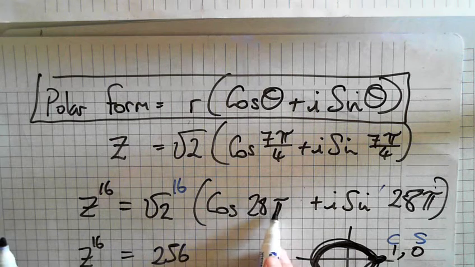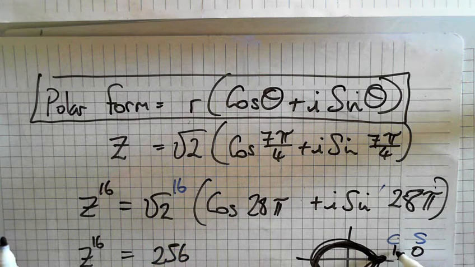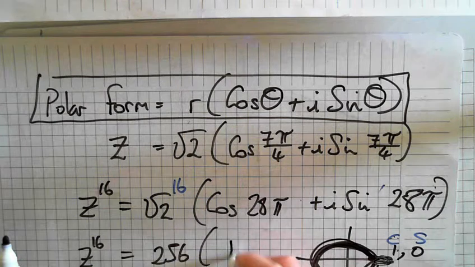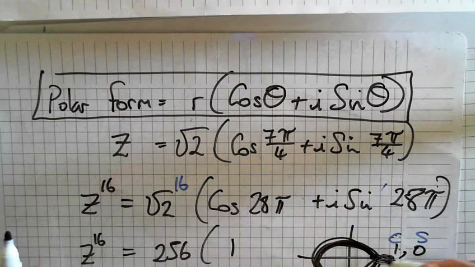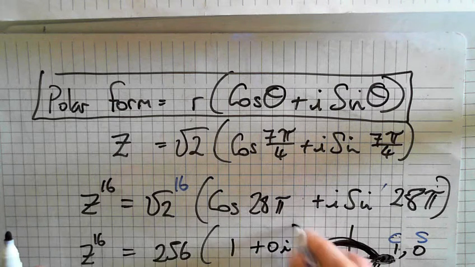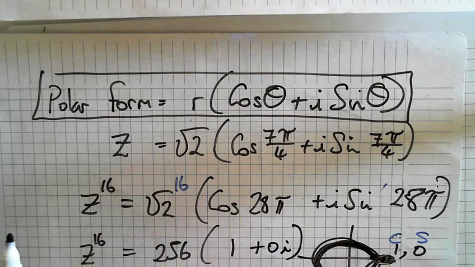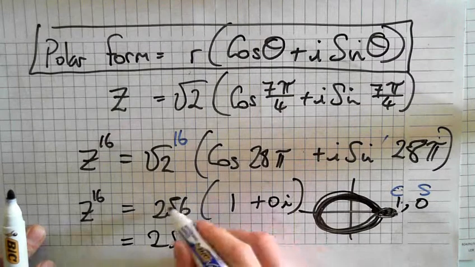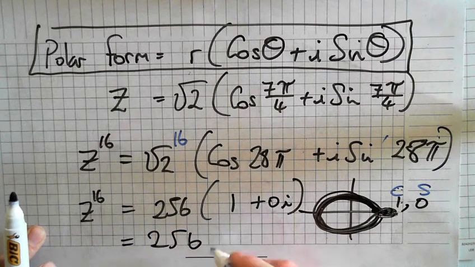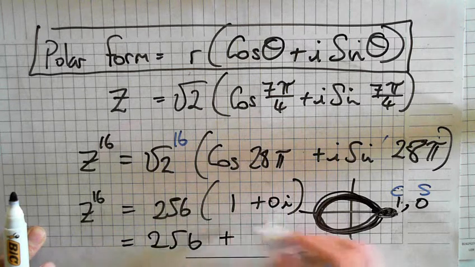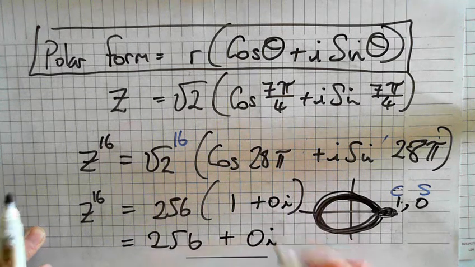So the cos of 28 pi is 1, and the sine of this point is 0. Right, so the answer is 256 times 1, which is 256, plus 256 times 0, which is 0.